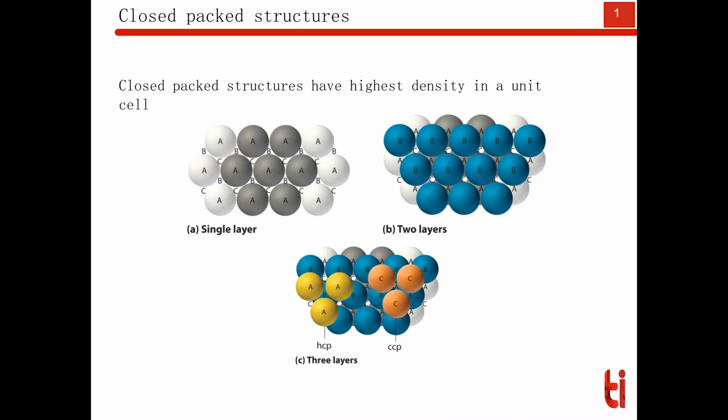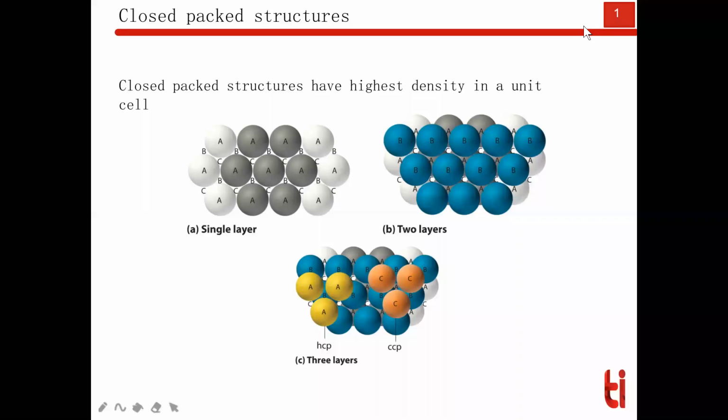Now, to visualize these close-packed structures, we refer to these three different diagrams which I have marked as image A, image B, and image C. The difference between image A, image B, and image C is the number of atomic layers making that image.